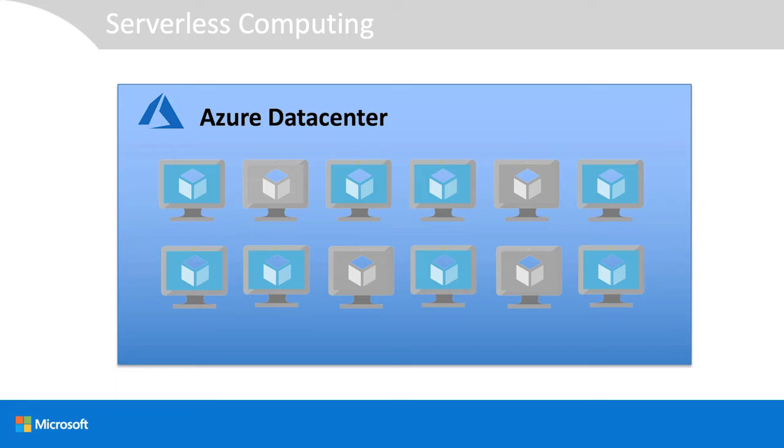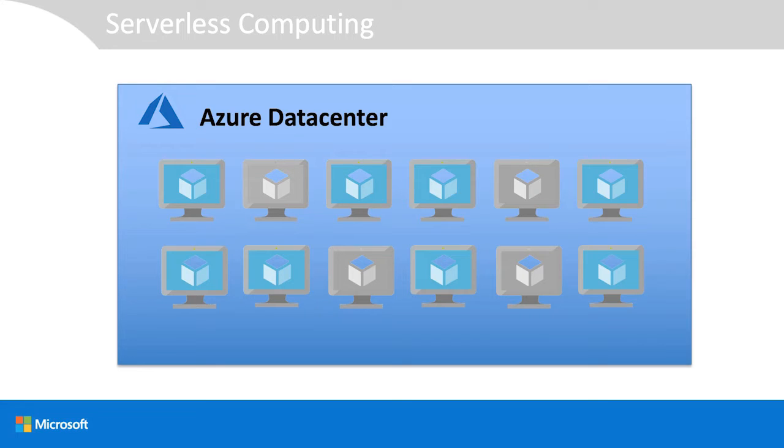Now, it's important to understand that serverless doesn't mean there isn't a computer involved. It just means you aren't using a computer that's explicitly allocated to you. Instead, you're borrowing one of these unused VMs for a very short period of time. In Azure, you can run your own code serverless using a service called Azure Functions that we'll learn about in Lesson 6.